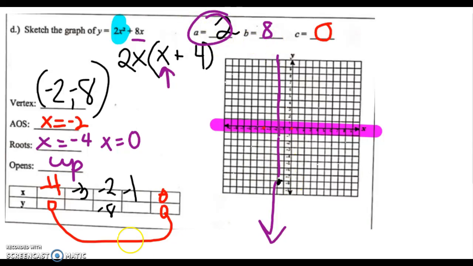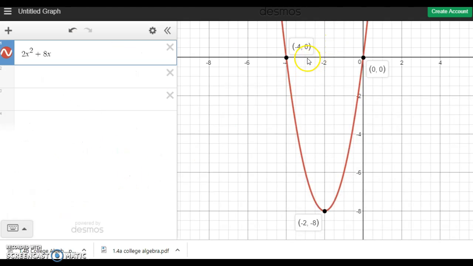And I bet there's another point, like where's it? -3. Let's go look. -3 is right about here. And -3 is -6. I think -3, -6. That's hard to get there, but there, -3, -6, and -1, -6 as well.